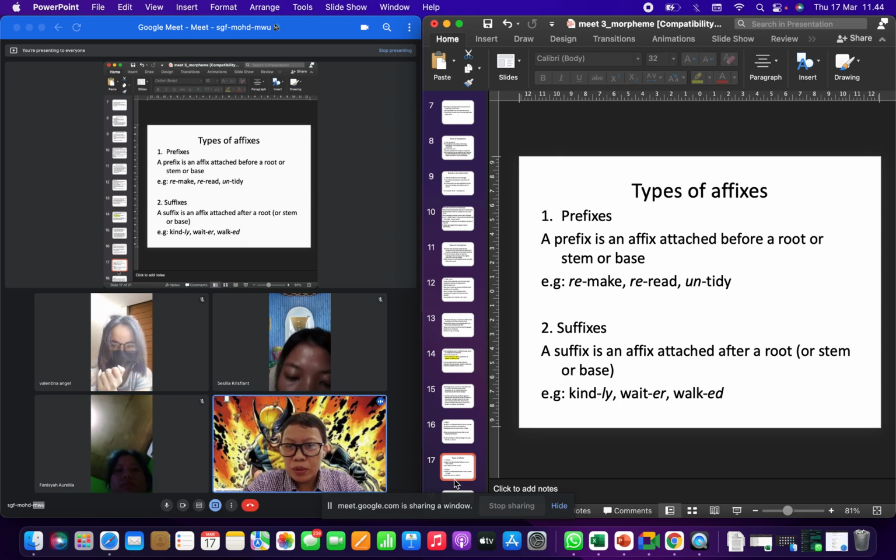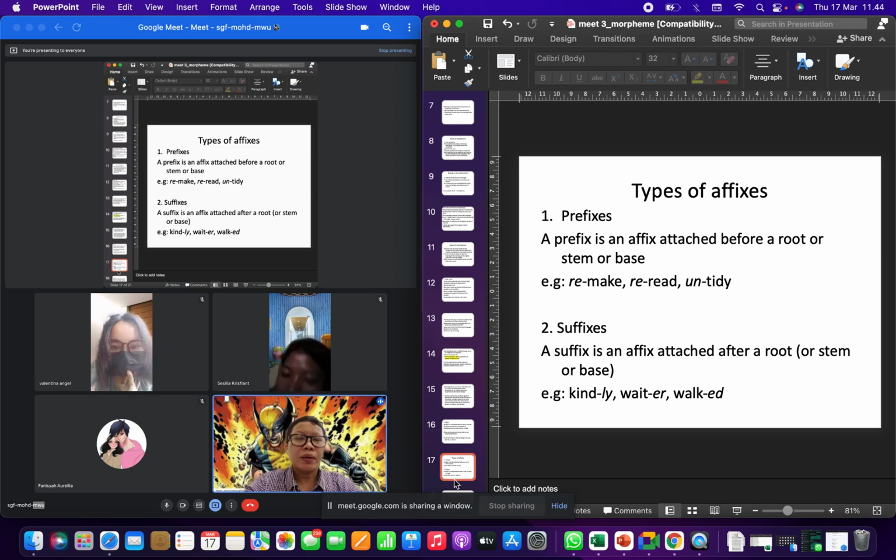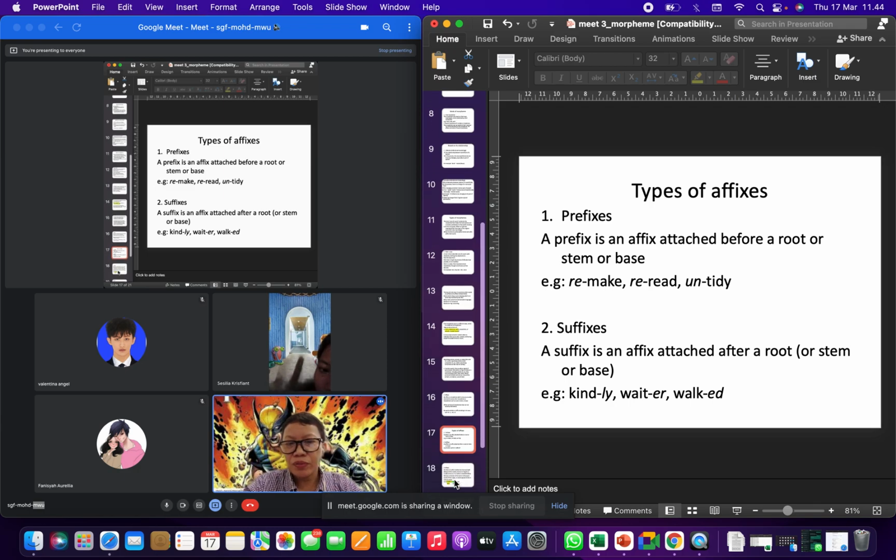It is no longer a verb but a noun. So the part of speech changes too. And also work is a verb, and we put ed. It is also the same as a verb but with a different meaning. So suffix mostly talks about derivational.